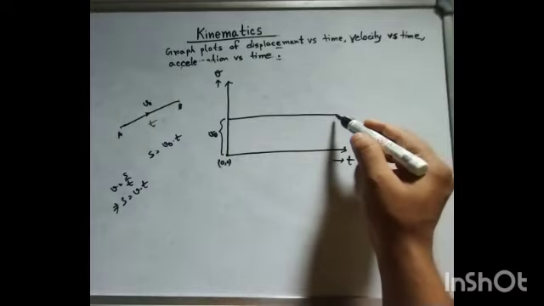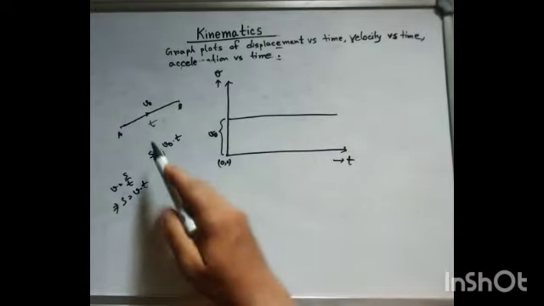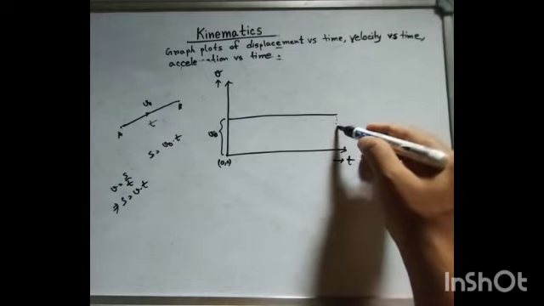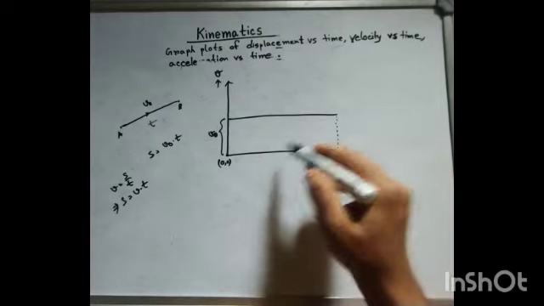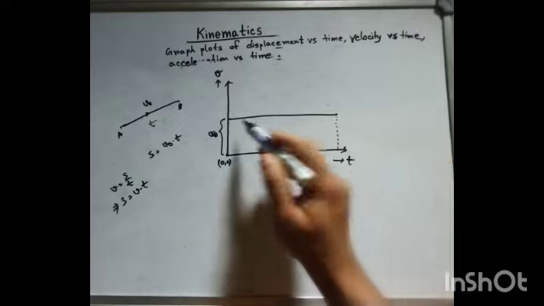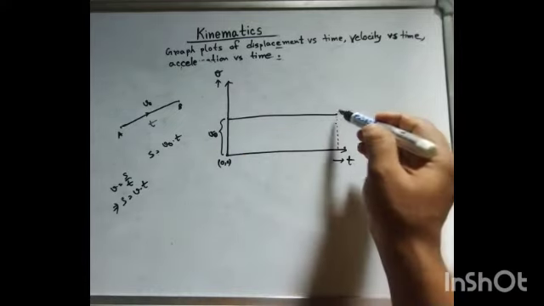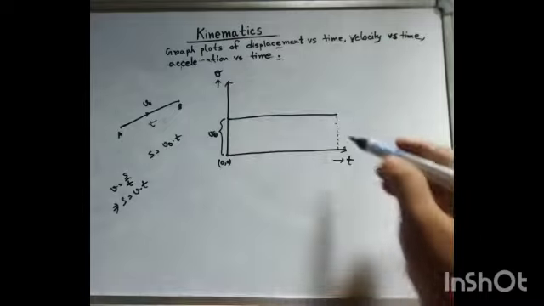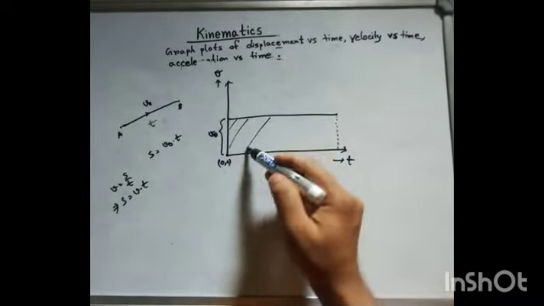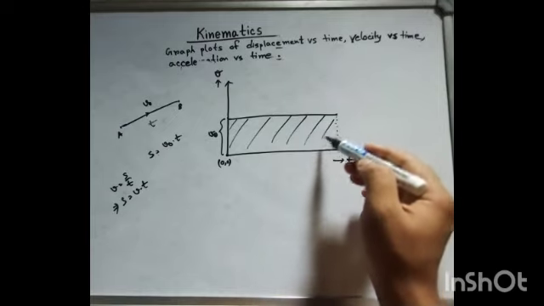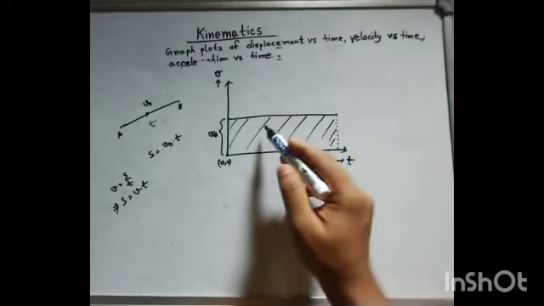So suppose you take t time, suppose the value of t is this much. Suppose here he was at point A and here he was at point B, so the distance you covered will be the area under this curve.